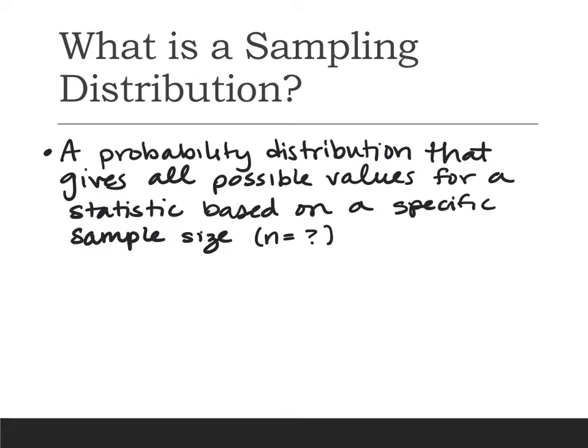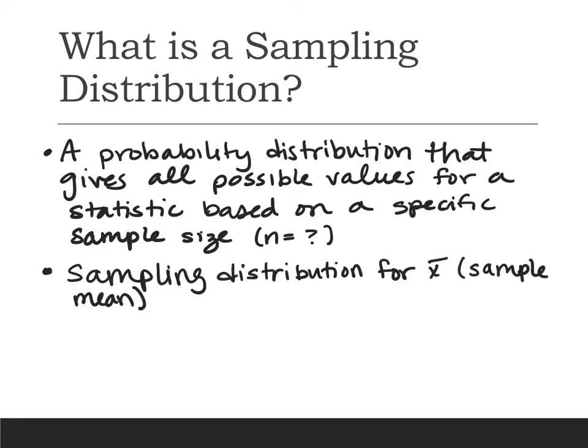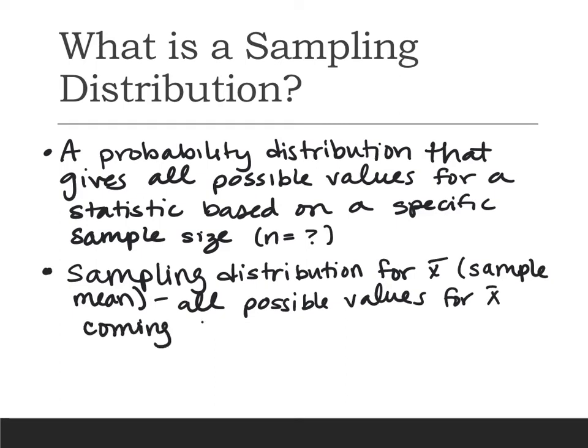And our sampling distribution for the sample mean, which is x bar, is simply the probability distribution of all possible values for x bar coming from samples of size n, whatever that one particular sample size is.